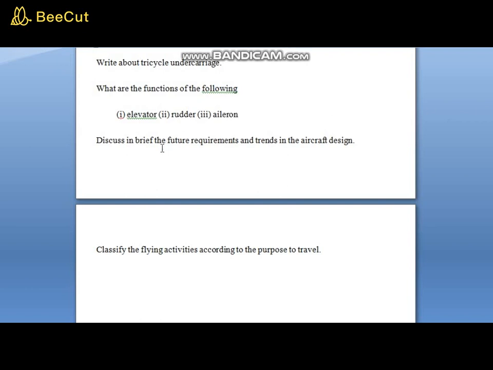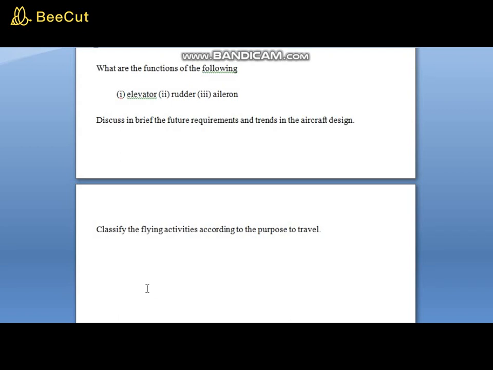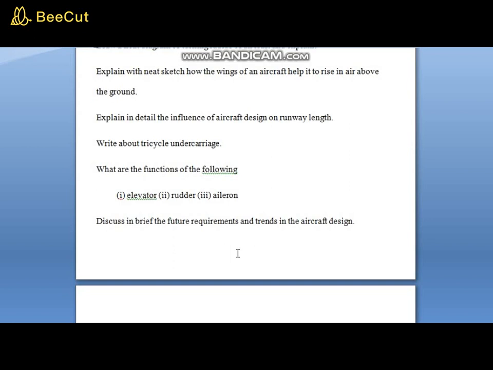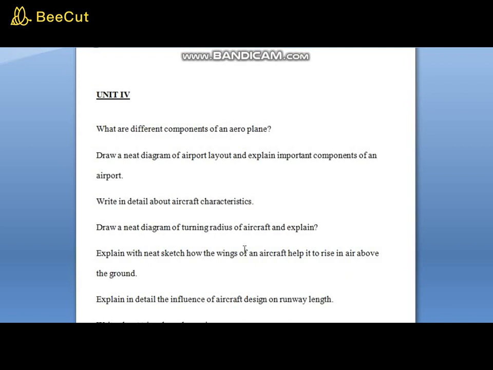The next: classify the flying activities according to the purpose of travel. These are the important questions from Unit 4. Now let us see the answers to these one by one.